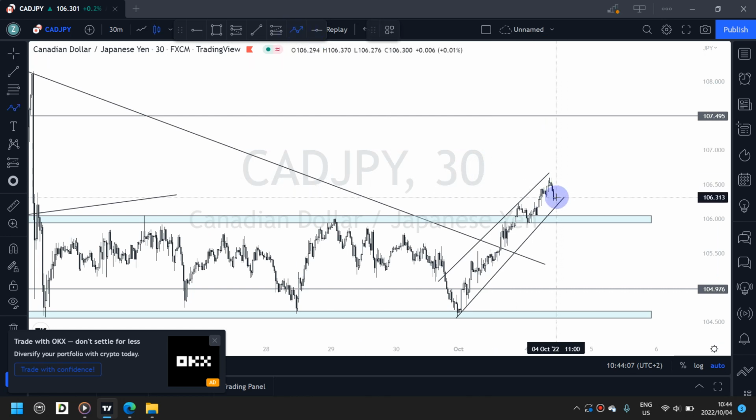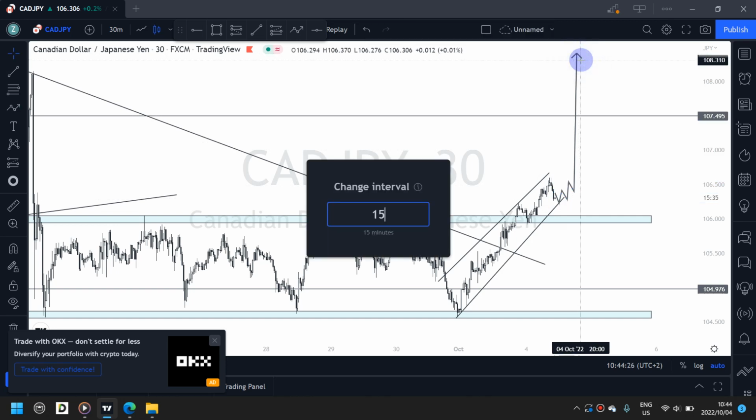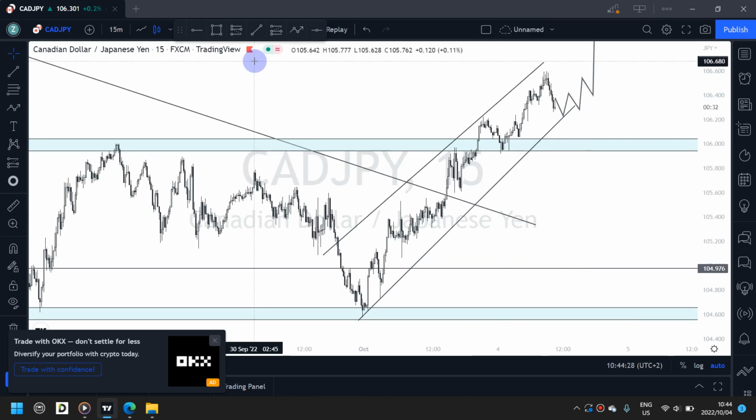So basically for entries, should I then either enter right now or wait for the market to give me a touch on my trend line by way of a reversal chart pattern, which is a double bottom and a further push to the upside, right? Let's move to the 15 minutes to see properly.